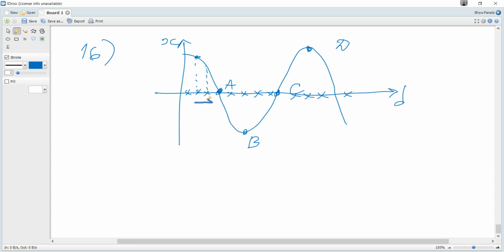So these particles are displaced to the right, and these particles are displaced to the left. And hence particles at A become a region of compression as required, so it's A. And you can see at C, the particles to the left are displaced to the left, and to the right are displaced to the right, so it's a region of rarefaction.